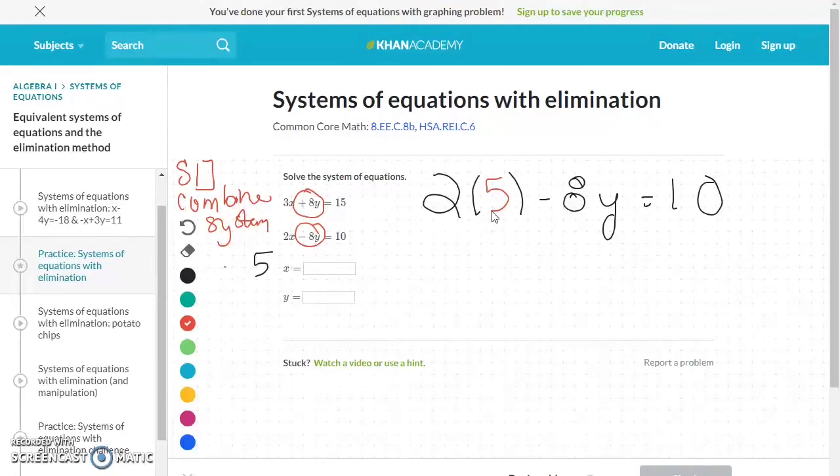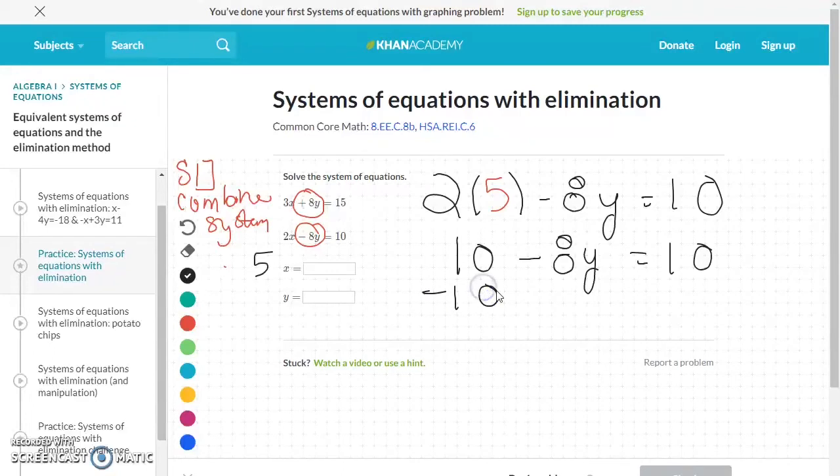So 2 times 5 minus 8y equals 10. So 10 minus 8y equals 10. Notice that a positive 10 is on the left and a positive 10 is on the right. This is a two-step equation, so we're going to remove the 10 from the left side so that we can isolate the variable, get the variable alone.